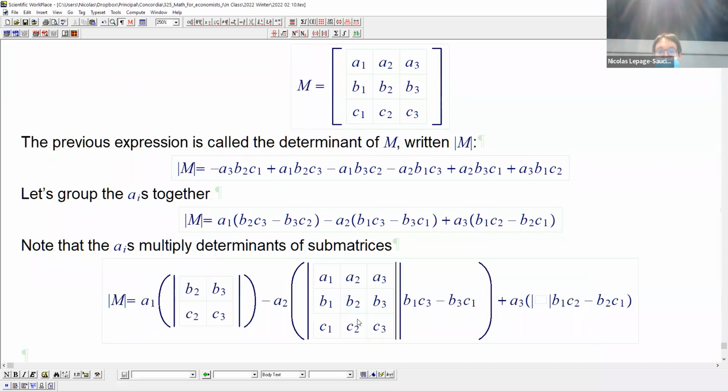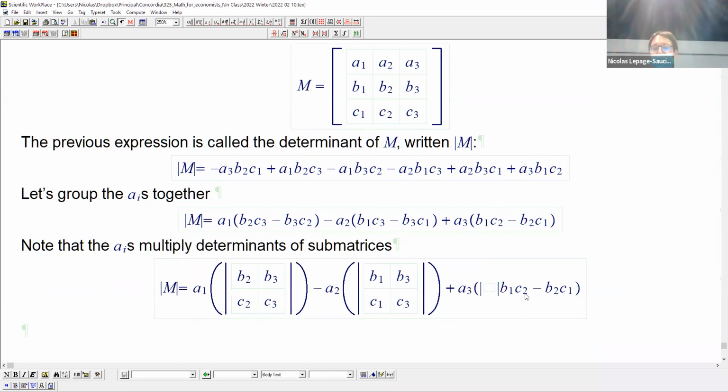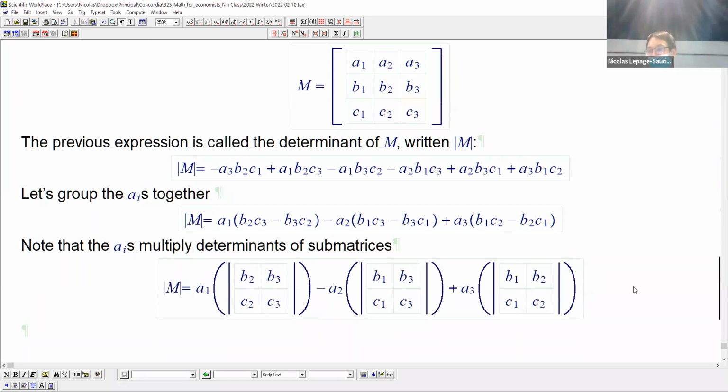So what I'm going to do is just remove this column and this row there. And here B1 C2 minus B2 C1, that's this submatrix there. So this expression there is what we call a Laplace expansion.